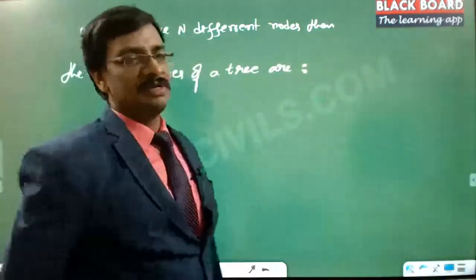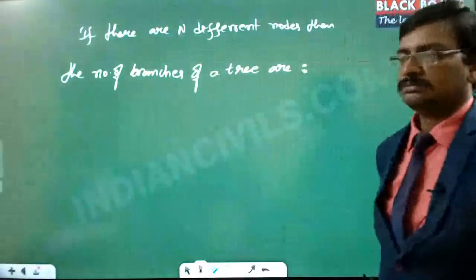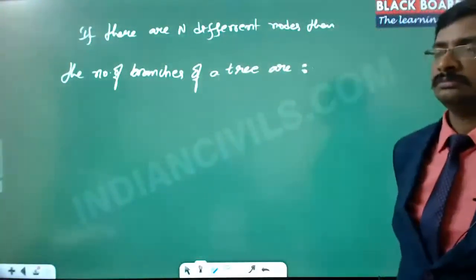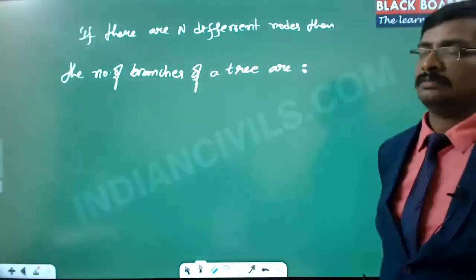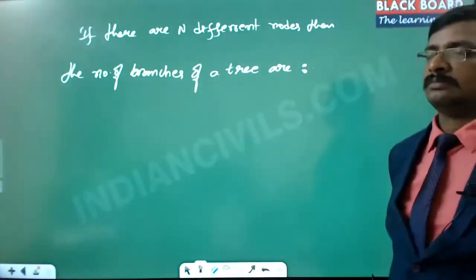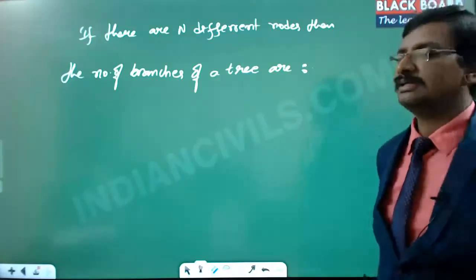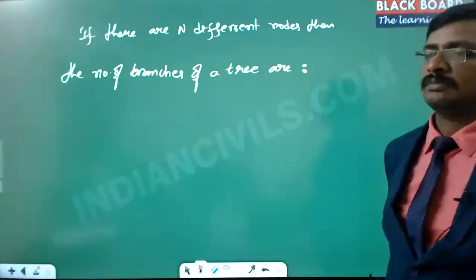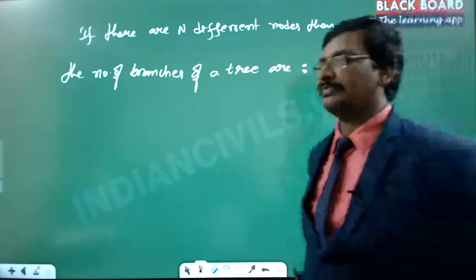How many branches will be there in a tree if there are n nodes? Try to guess it, no? It is easy only. How many branches will be there in a particular tree? N minus 1, exactly, right?